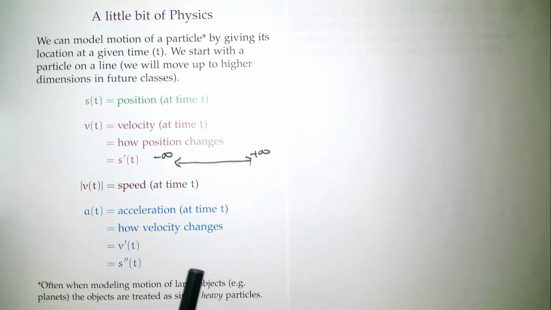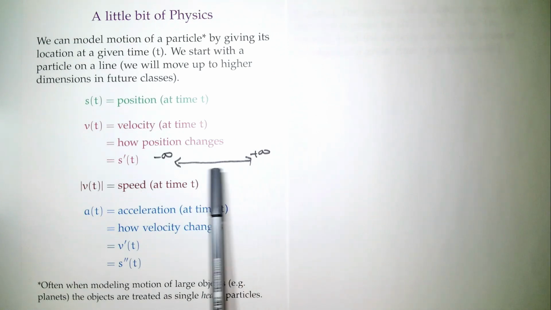One is, how fast am I moving? But the other thing velocity says is, am I moving to the right or am I moving to the left? So velocity has an orientation, or if you will, it has a direction stored in. Now, it's a very simplistic direction, left or right. When we get up to multivariable calculus in a year from now, we're going to be like, oh, we can go in all sorts of directions. But that's a year from now.